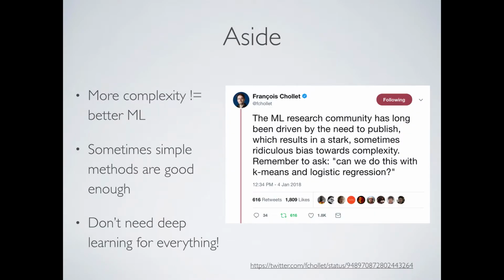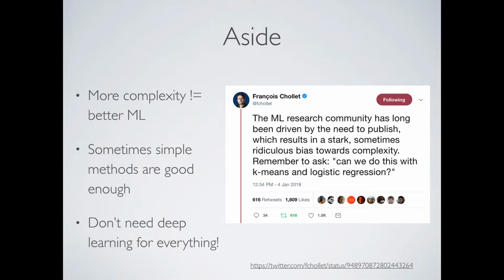So a quick aside, talking about machine learning and some of these other models, I have a lot of respect for Francois Chollet. He's the guy who wrote Keras, which is a neural network API framework that abstracts a lot of the math away from things like TensorFlow or Theano. And we're going to use Keras in this presentation.